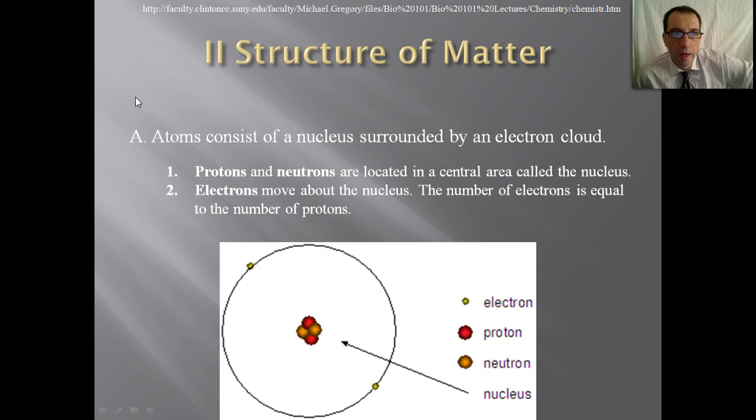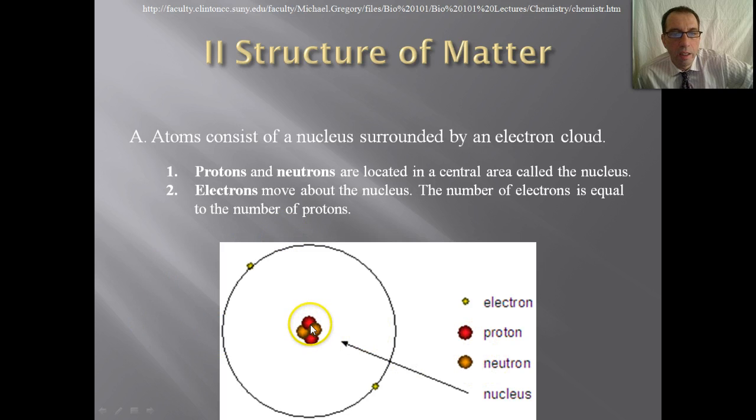Okay. The last thing that we'll talk about today is the structure of the elements themselves, the structure of the atoms. An atom is made up of two main parts. It's a nucleus, as you can see here, and that nucleus is surrounded by one or more electrons, which form sort of a quote-unquote cloud around the nucleus. The nucleus itself has two possible parts.